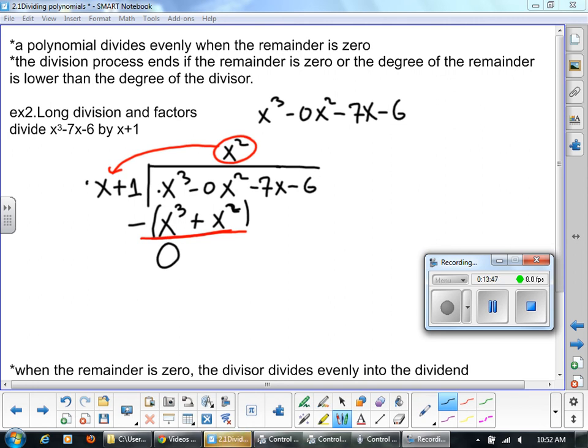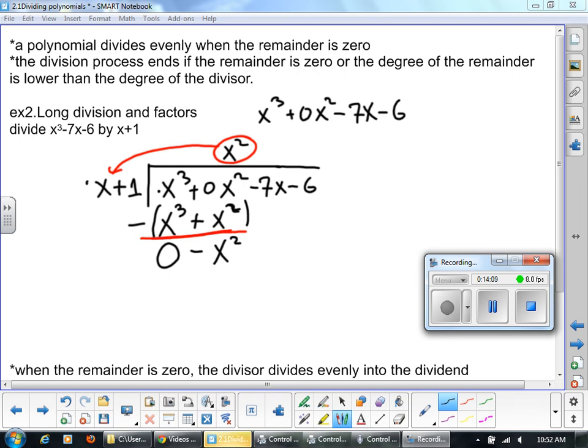And then you have negative 0x squared minus x squared, which is minus x squared, yeah. Because we're subtracting, you having negative 0x squared. Actually, I don't know why I put the minus.